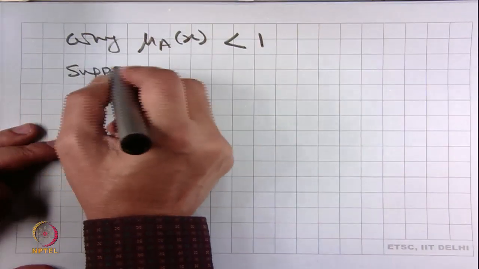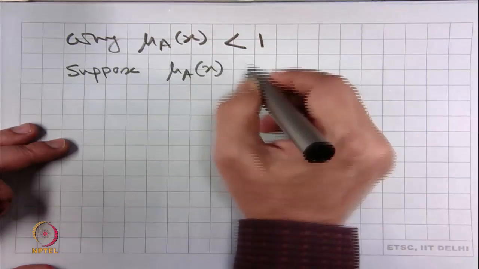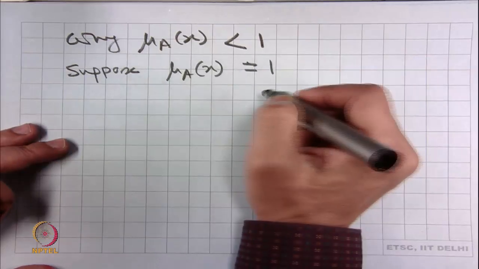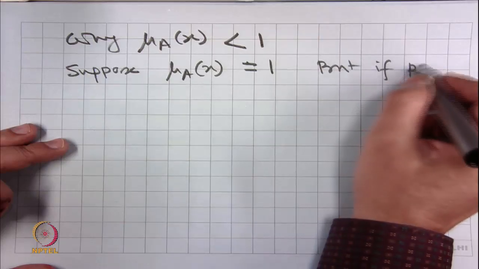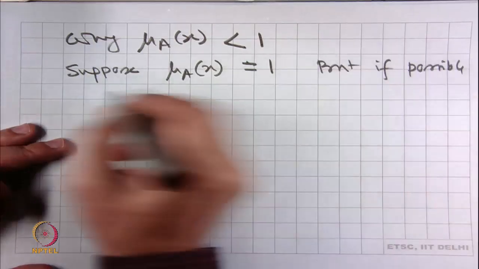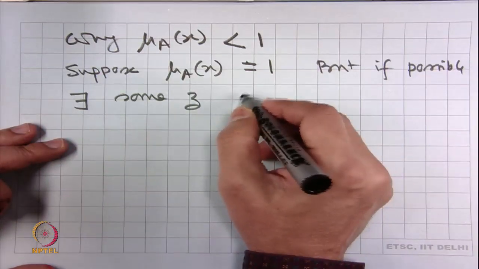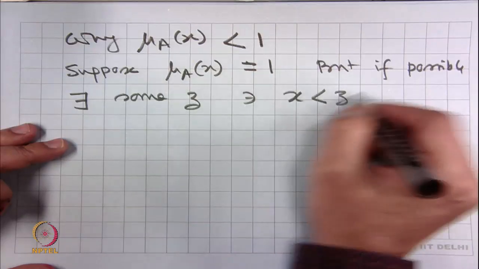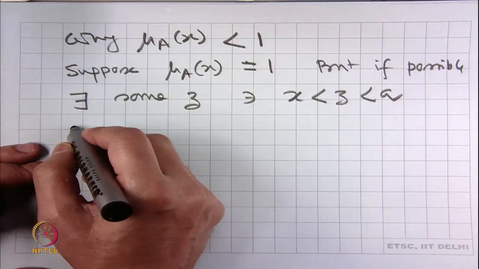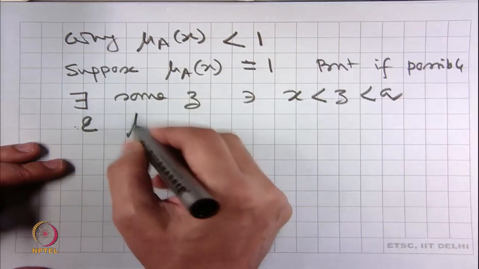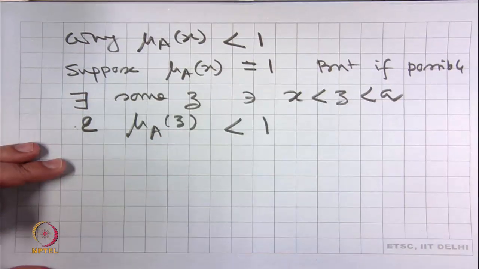Suppose mu A x is equal to 1, but if possible, there exists some z such that x less than z less than a and mu a of z is less than 1.